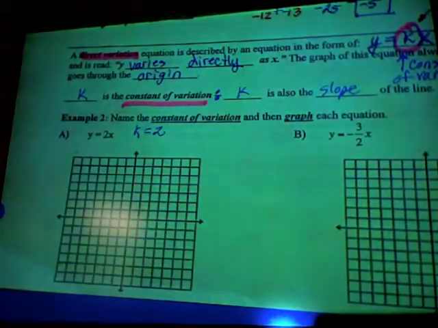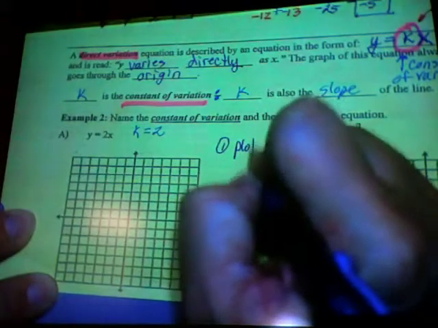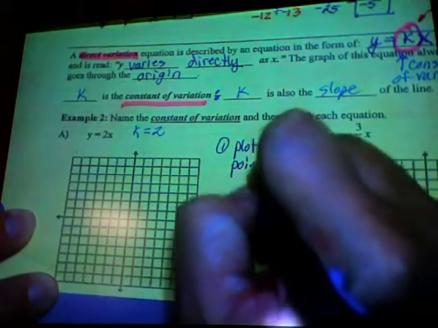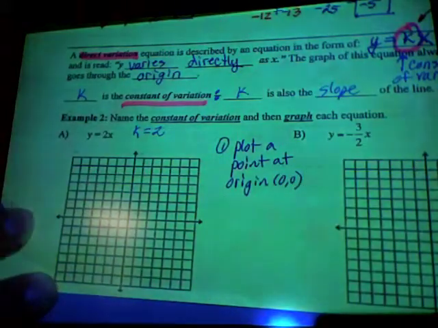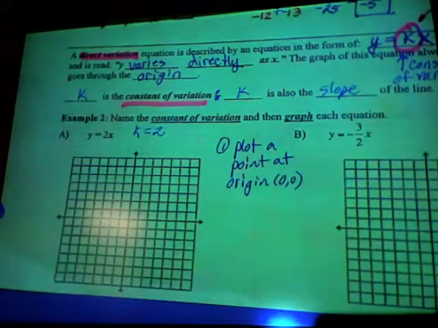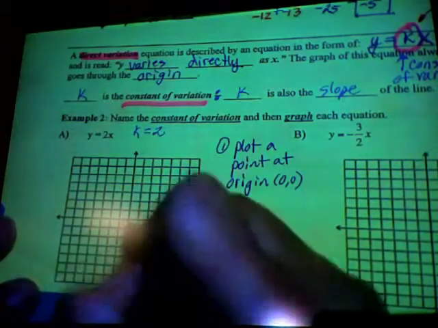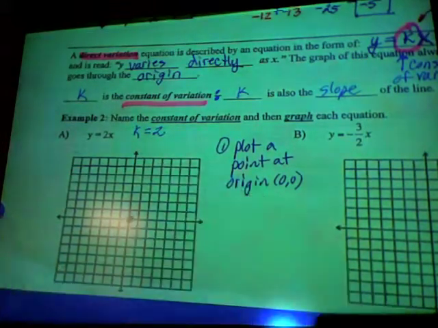So to graph it, the very first thing you do is plot a point at the origin, which is 0, 0. So that's our very first step. So I'm going to plot a point at 0, 0. There's my starting point. You always 100% of the time have to start at that y-axis.